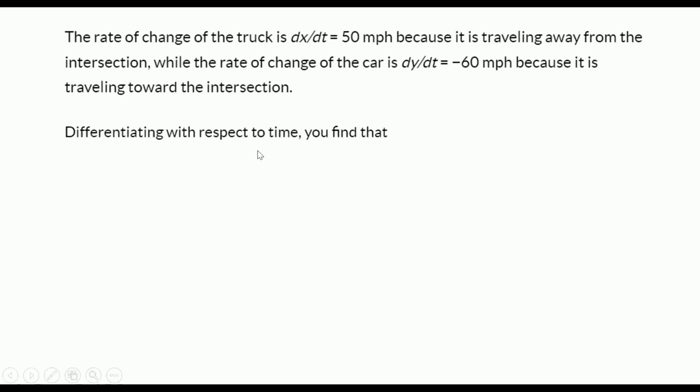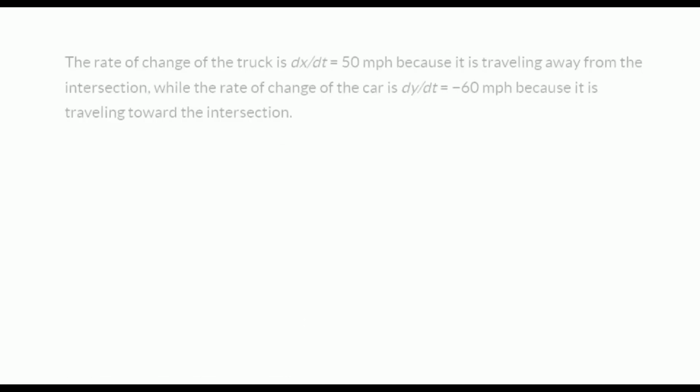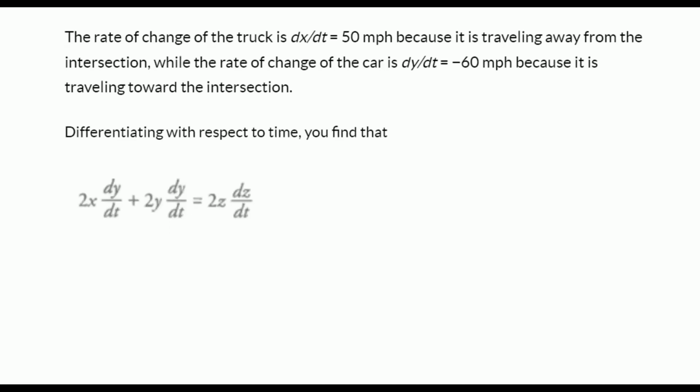Now, let's differentiate with respect to time, d over dt. The Pythagorean theorem equation here has all three variables in it, so I will take the implicit differentiation of it on both sides. That becomes 2x times dx over dt plus 2y times dy over dt, and on the right side, 2z times dz over dt.